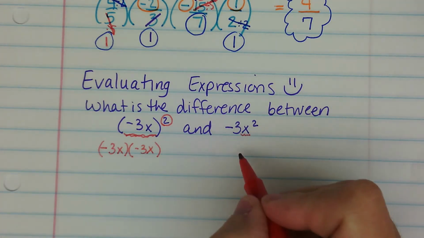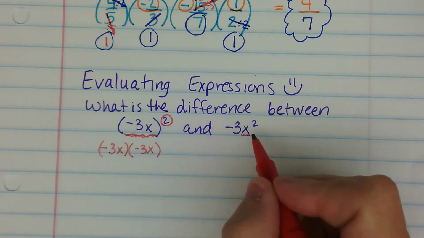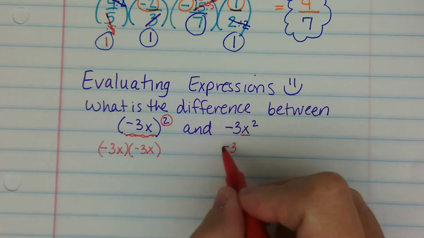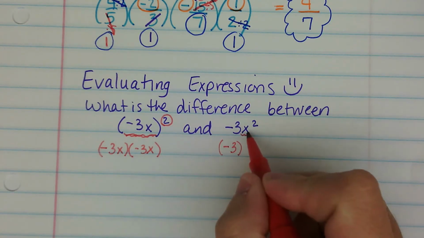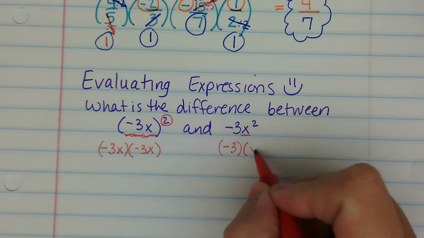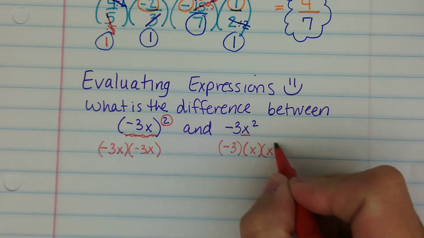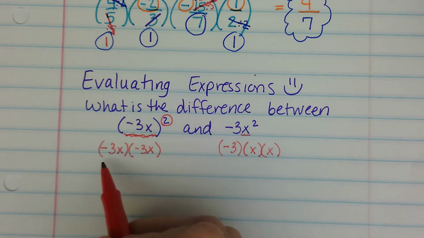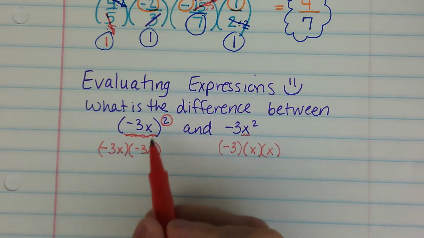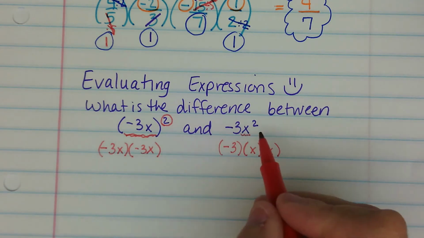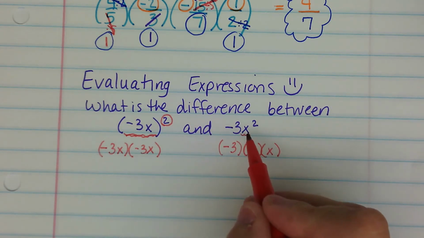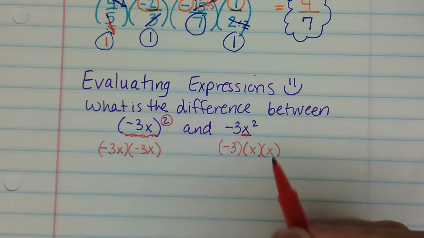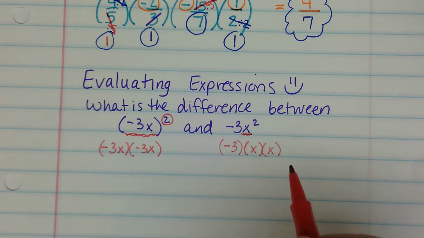So that means that the difference between this one and this one is that the negative 3 comes down, and that is being multiplied by x squared, or x times x. So what's being repeated here, because the square is on the outside, is everything gets repeated twice, because the exponent is a 2. What's being repeated here? Just the x, because the x is the only thing holding the exponent. So it looks like that.